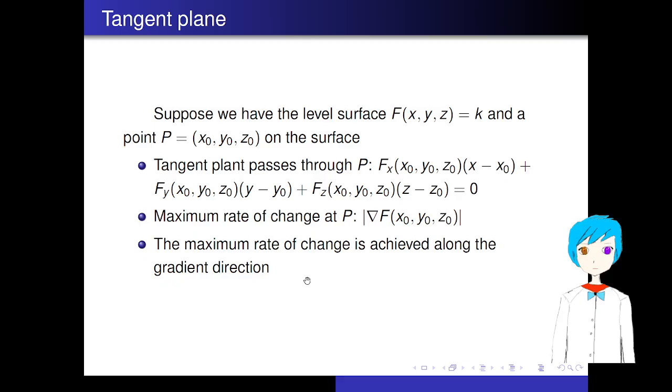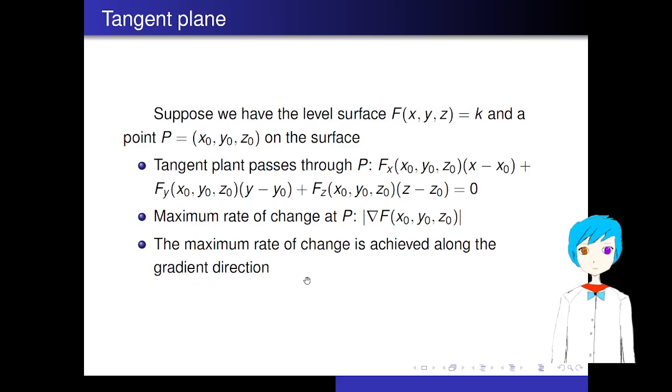as shown here. The maximum rate of change at the point P is just the norm of the gradient at P, x0, y0, z0. The maximum rate of change is actually achieved along the gradient direction, and this can be proved by using Cauchy's inequality.